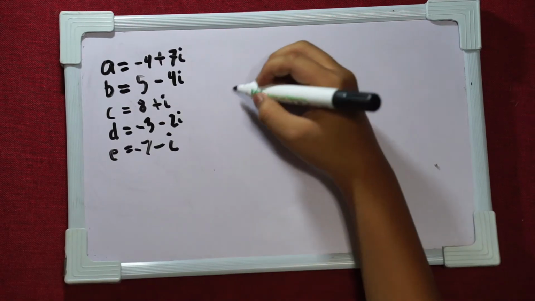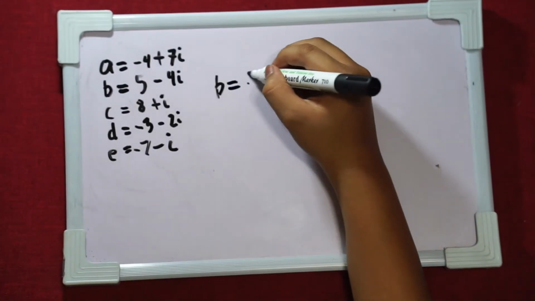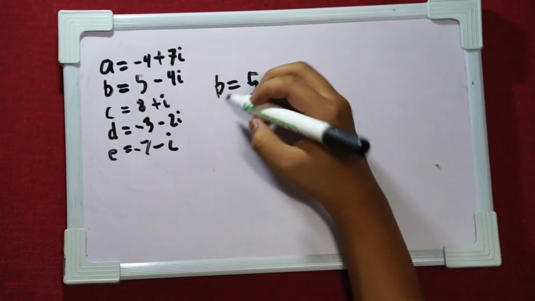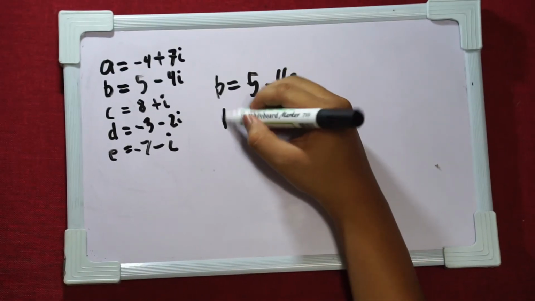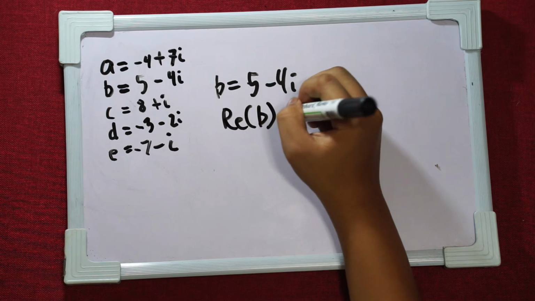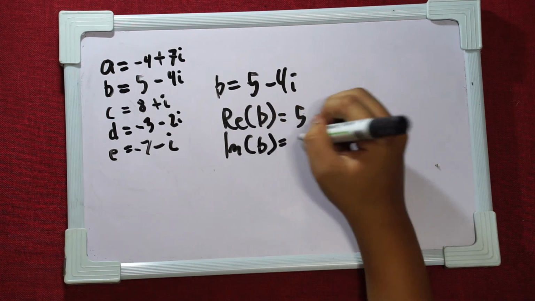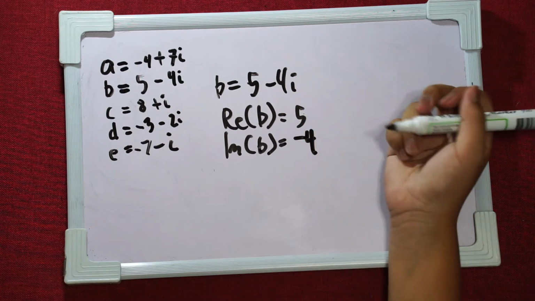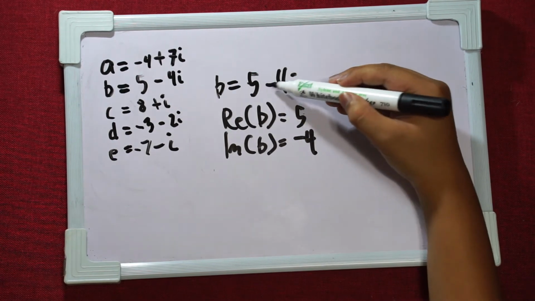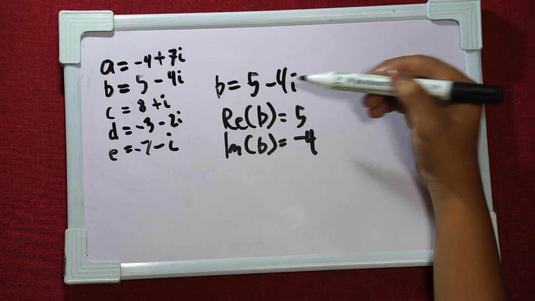The answer for b would be, the real part would be 5, and the imaginary part on b would be -4. And again, this sign indicates that 4 is negative.